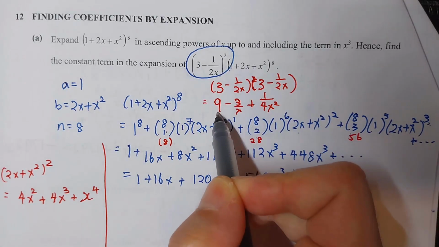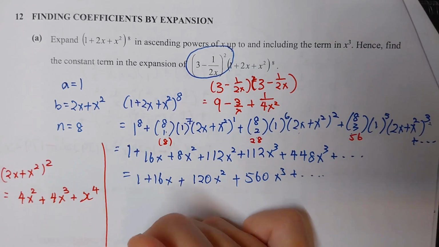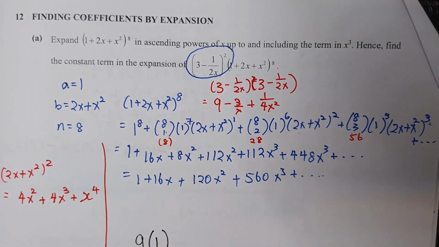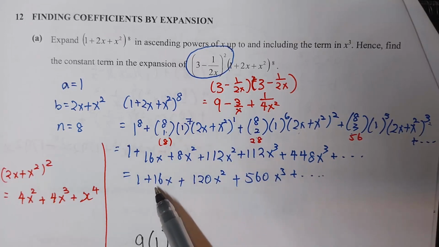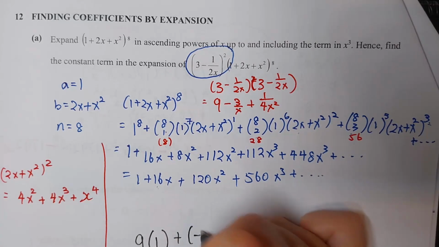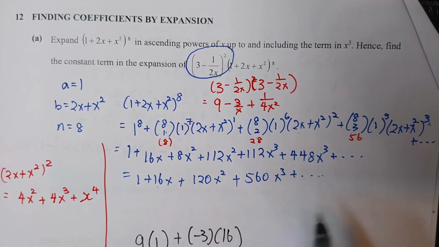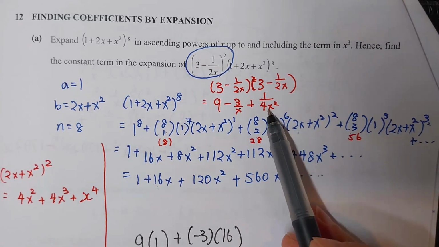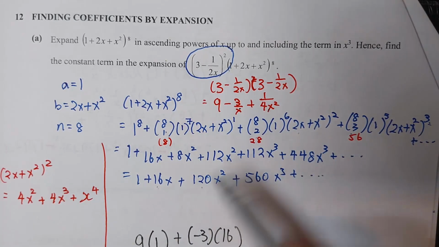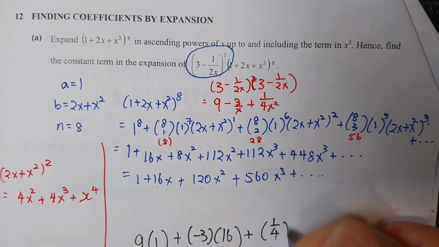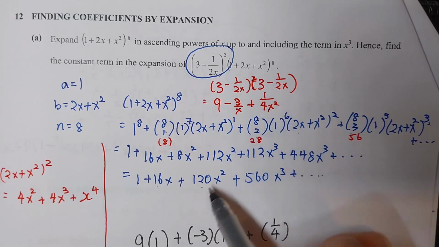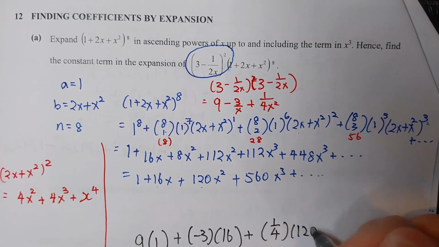So I will have 9 multiplied by 1. And if I multiply this term with this term, I should get a constant as well, so negative 3 multiplied by 16. If I multiply this term with this term, I will get a constant, so 1/4 multiplied by 120.